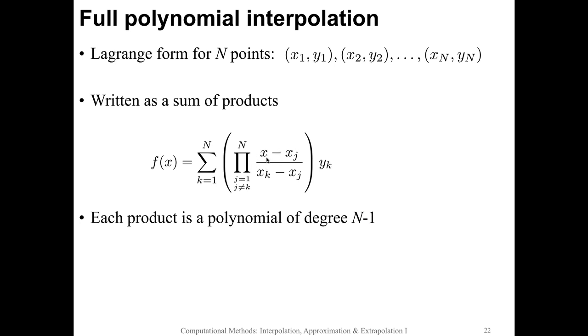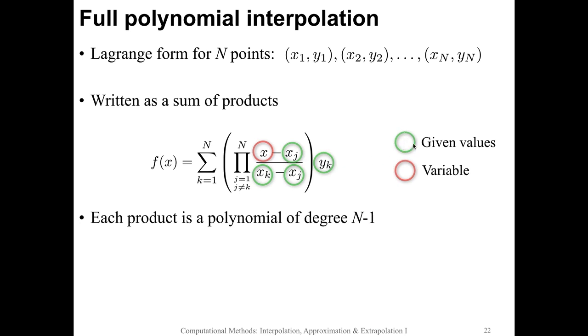X is the free variable, and the xj's and xk's inside are the measurement locations, or the knot points that we had. And each of these products is over all values of j that don't equal k. K belongs to the summation on the outside. And each of these polynomials therefore has almost n terms, but because we're not including k, it's n minus 1. So let's just break this up.